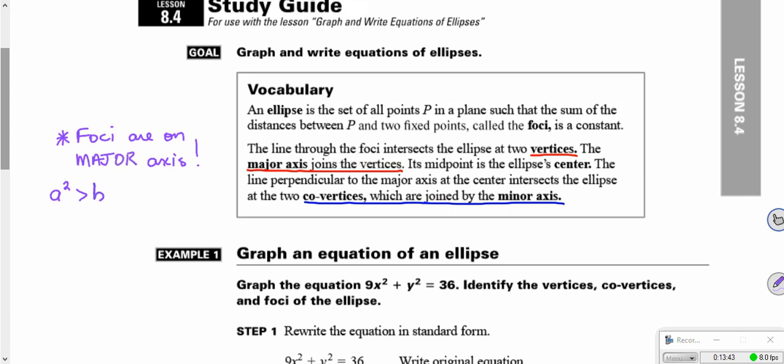A squared is greater than b squared, and c squared equals a squared minus b squared. Those are just some good things to know. Two points of information there.